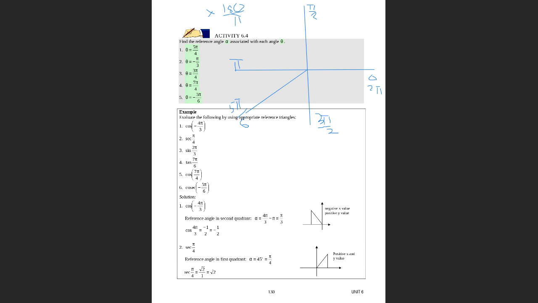So if you want to find the reference angle, the closest x is pi. So our reference angle is going to be equal to pi minus 5 pi over 6, which will be equal to pi over 6.